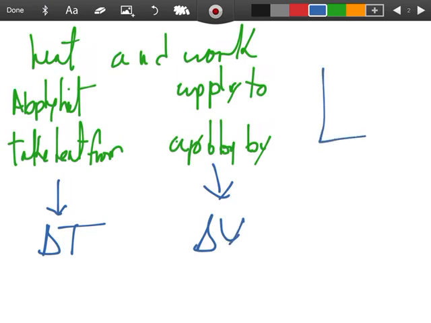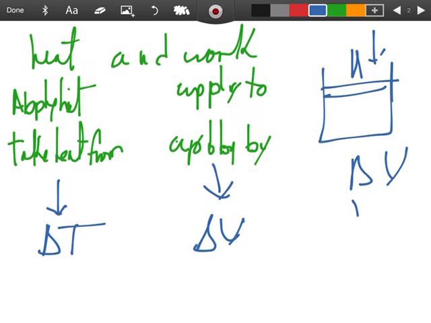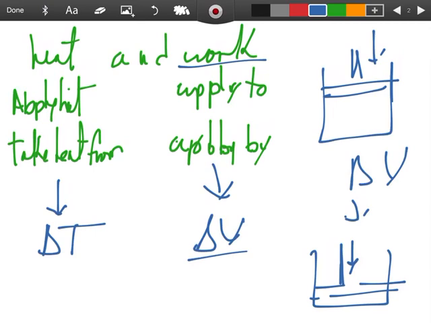Okay, so remember, if you have a piston, right, and you want to apply work to the system, meaning that the system is your piston, we have to apply pressure, and what is going to change is the volume, because after some time that we apply energy, the volume in this case is going to diminish. So we're going to define work right now as the change of volume. And you can see that these two variables are quite correlated to the idea of ideal gases. So eventually these two are going to be related to what? To the change of pressure.